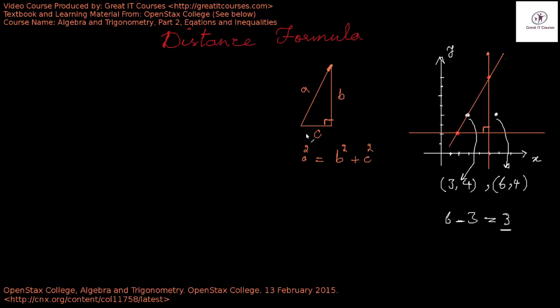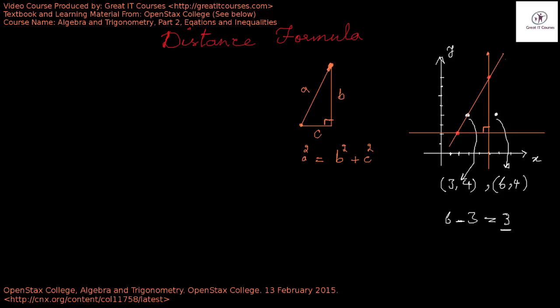So the distance between, for example, let's say these are my points, the distance between these 2 points is equal to this side whole squared plus this side whole squared. So I can basically do the same thing over here.